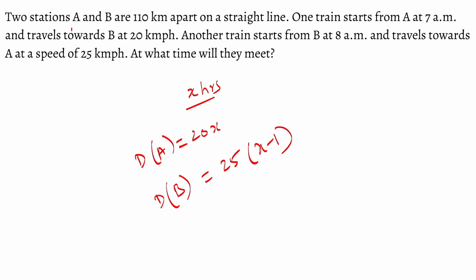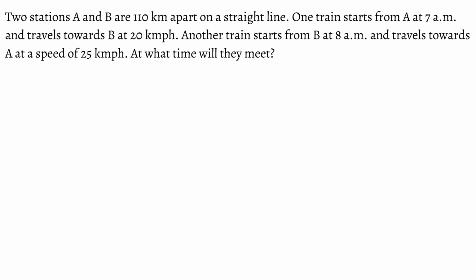Now if we observe, two stations A and B are 110 kilometers apart on a straight line. So this is station A and this is station B. What's the distance between them? 110 kilometers. Alright. One train starts from A at 7 a.m. So this is train 1 and this is train 2.